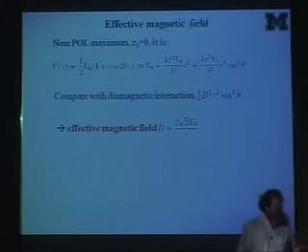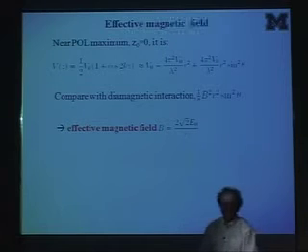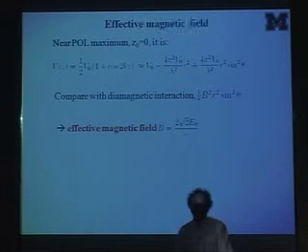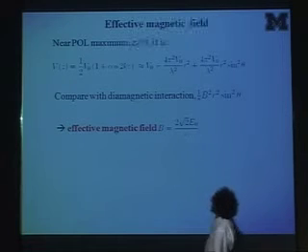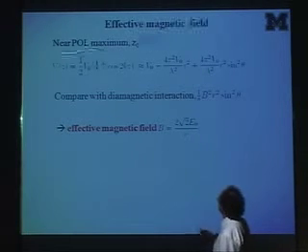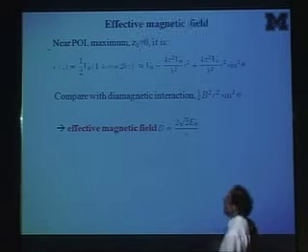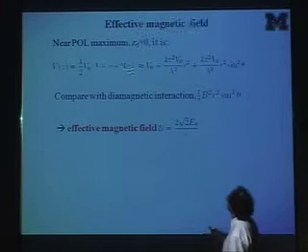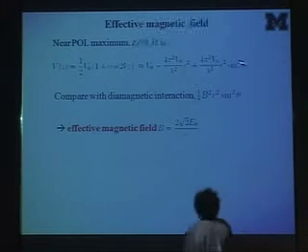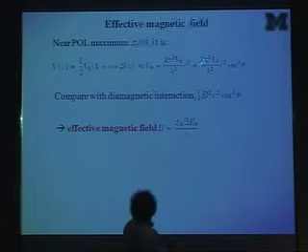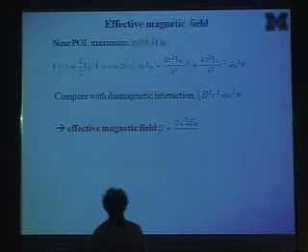Near the maxima and minima of the optical potential, we can use an effective magnetic field model. That comes out of an expansion of the Ponderomotive optical lattice potential near the maximum, for instance. Now, the most important thing to see here is that we see a term that looks very similar to the diamagnetic term.